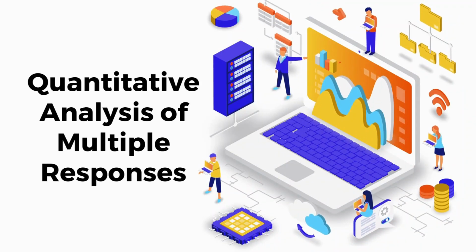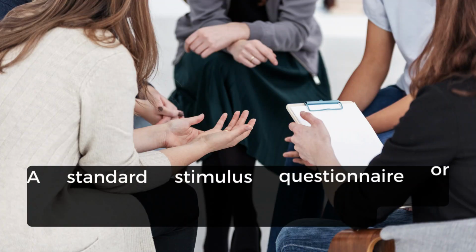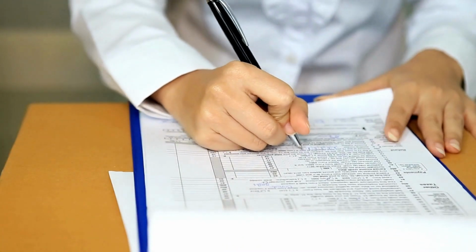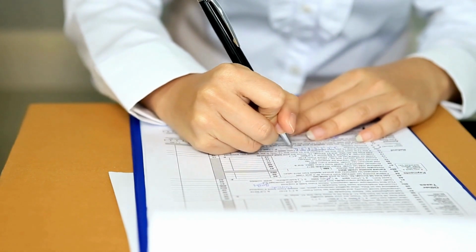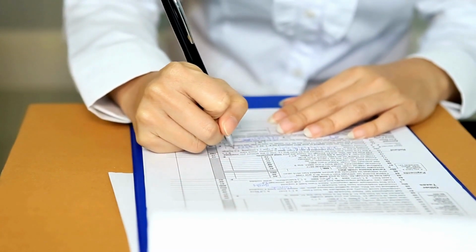The second one is the quantitative analysis of multiple responses. A standard stimulus questionnaire or interview schedule may contain open-ended questions, eliciting multiple responses. You will have to make a list of single open responses. Each will be coded, entered into a column in the SPSS data view, and then the frequencies of the respondents for each group, that is the multiple responses, are taken.